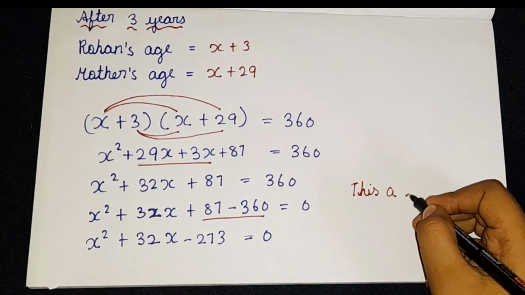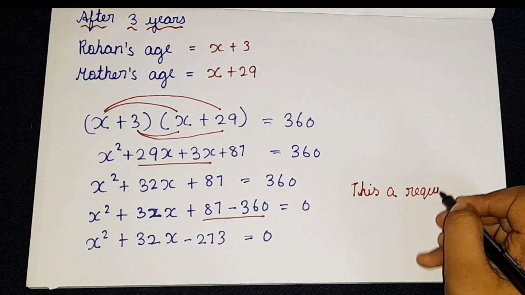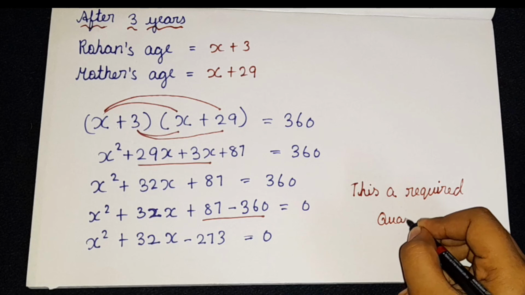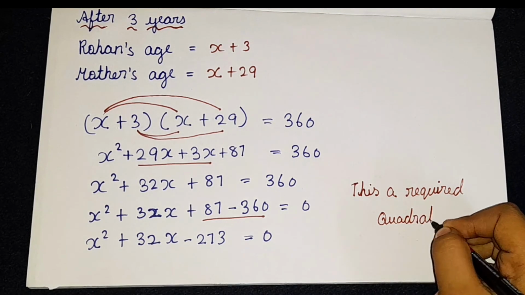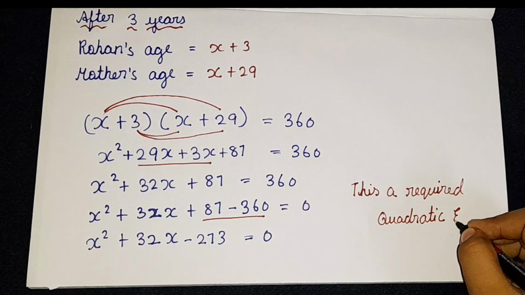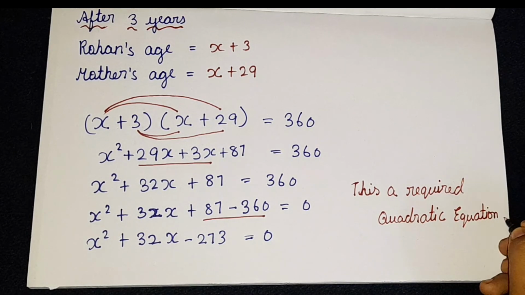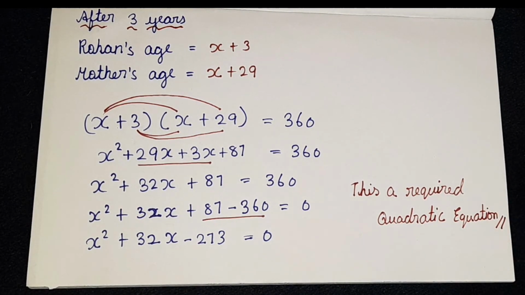This is the required quadratic equation. Okay, so you can just write it at the end of the problem. Why? Because we are supposed to form the quadratic equation. So after forming it, we are supposed to write it. Okay, then only it will be a conclusion. Okay, so finally we just found the quadratic equation and we solved it.